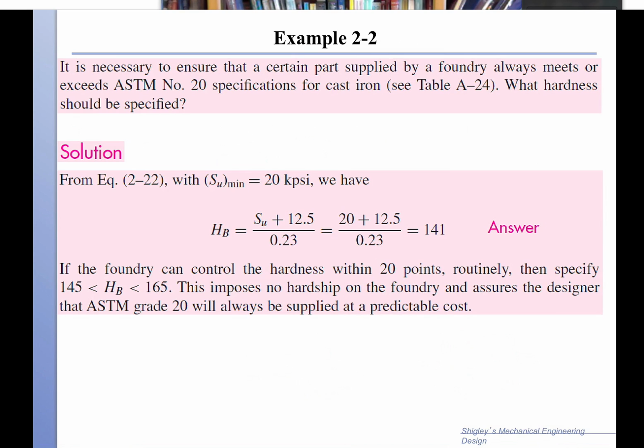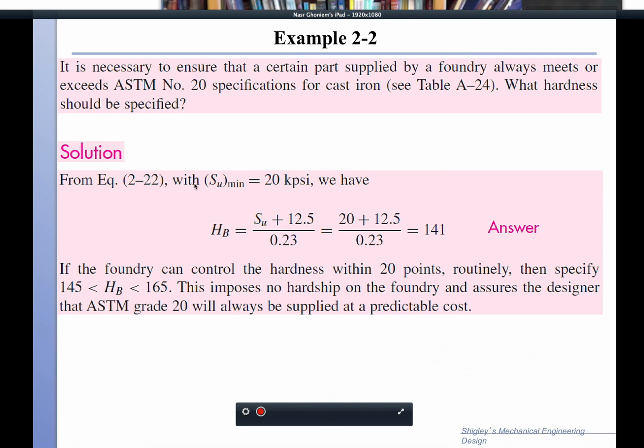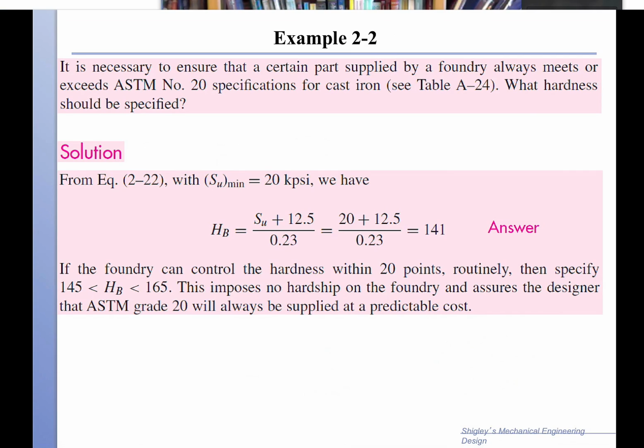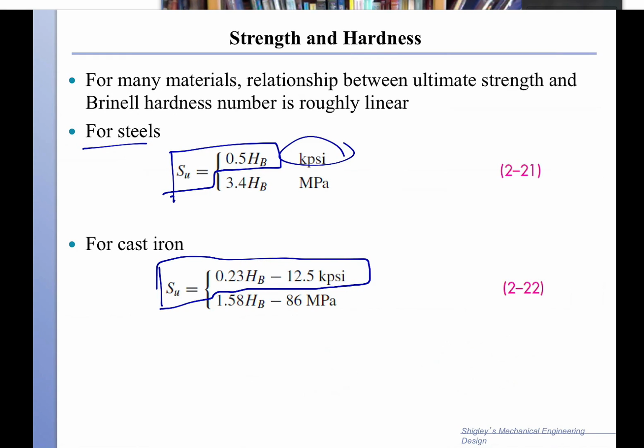You want to have an ASTM standard number 20, which means that the grade 20 cast iron should have a minimum of 20 kpsi. That's the ASTM standard number 20. So in order for us to assure this within a certain 20 points on the hardness test, we use the relationship that we discussed before. If you remember before here, this is the relationship.